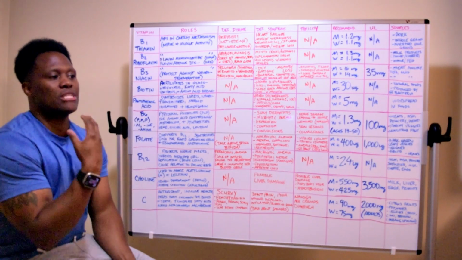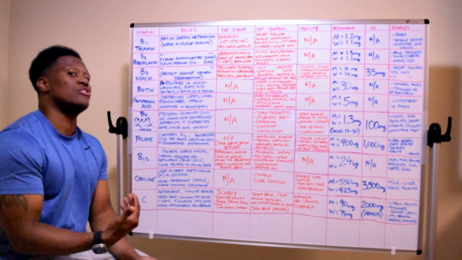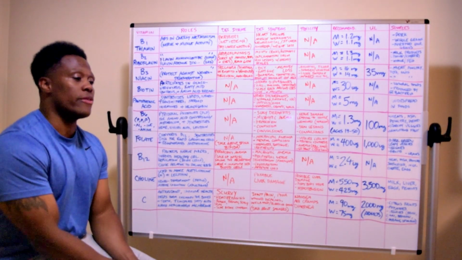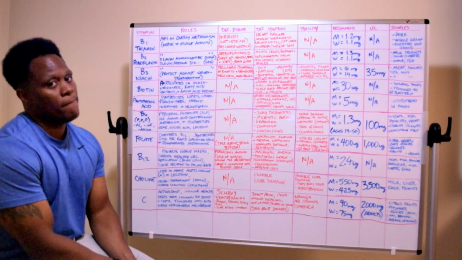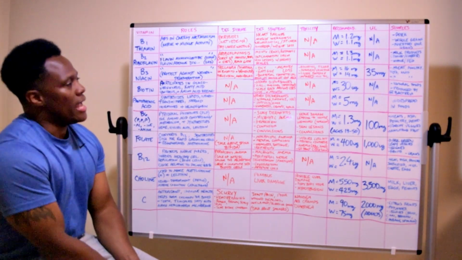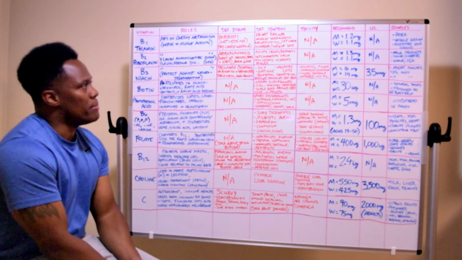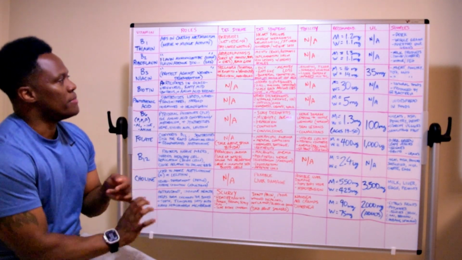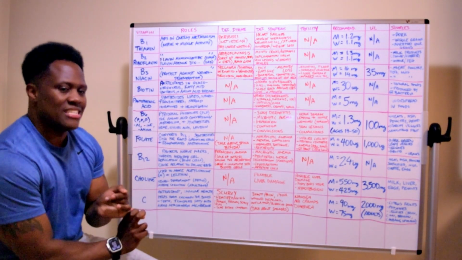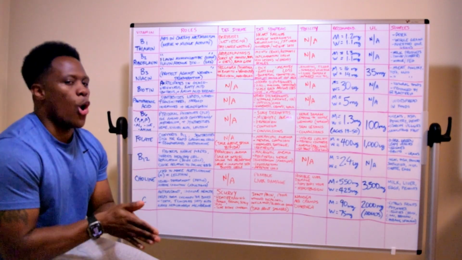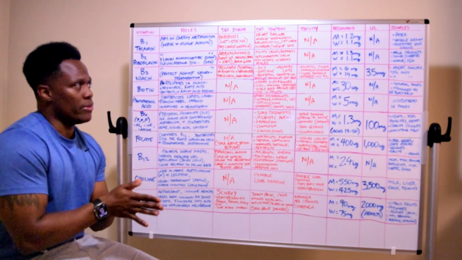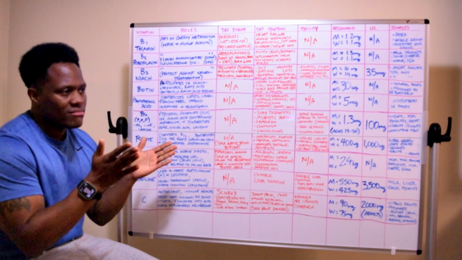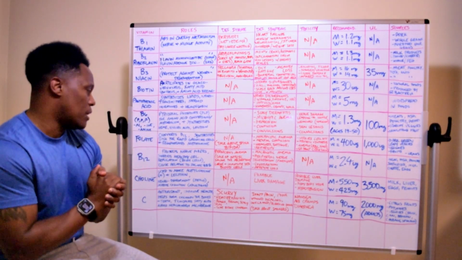So you don't have to go taking a multivitamin unless you absolutely do have trouble getting the vitamins that you need. But you can get it from food. And it's also important to remember, as I'm doing this recap, that some of these vitamins, while they don't have a toxicity, there's still no reason for you to go overboard with them. Once you get your recommended amount, you're pretty much fine.